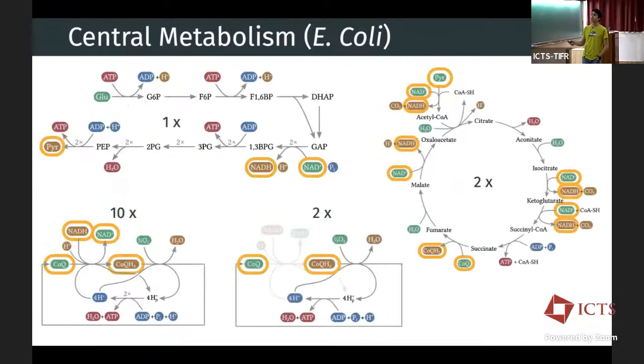Glycolysis occurs one time, the TCA cycle occurs two times, this emergent reaction of the electron transport chain must occur 10 times, and the other one 2 times. This is your final emergent cycle.